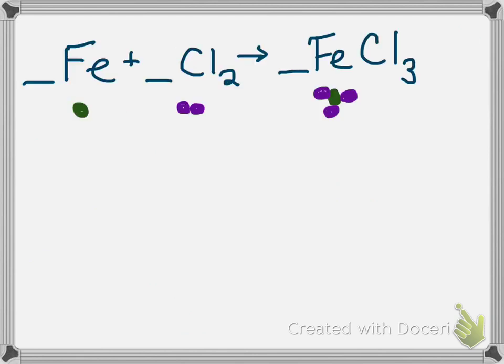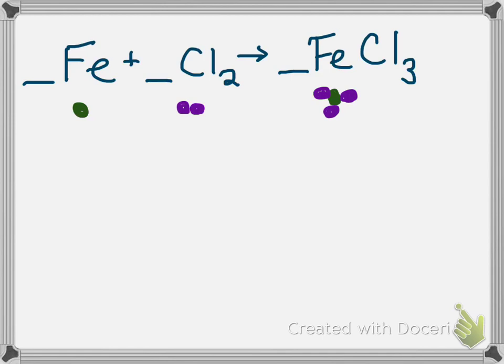Okay, so let's try and balance this. Here I've redrawn it, and notice the blanks are where we put the coefficients. So my irons look balanced. I have one iron on my reactant side and one on my product side, but I need to fix my chlorines. On my reactant side, I currently have 2 chlorine atoms, and on my product side, I have 3 chlorine atoms.